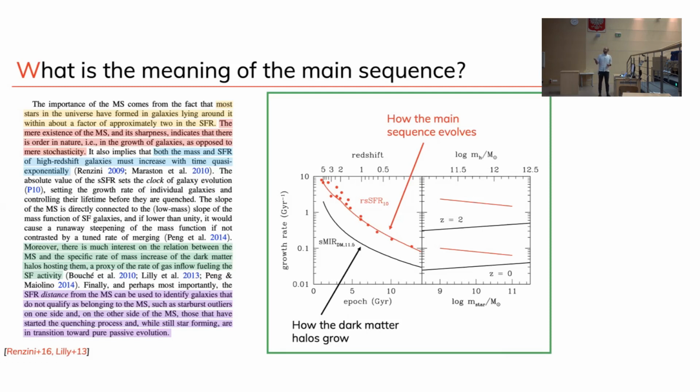And the evolution as a function of time, the normalization of your main sequence, goes like (1+z) to the power 2 to 3. It's actually pretty similar to the one that you could also analytically derive for dark matter halos. So the idea is that the way the material is falling into halos and then reaching galaxies is consistent between dark matter and the baryons.